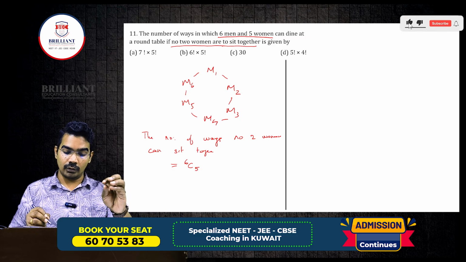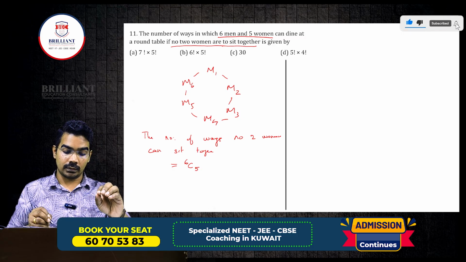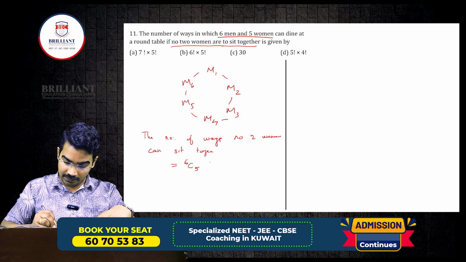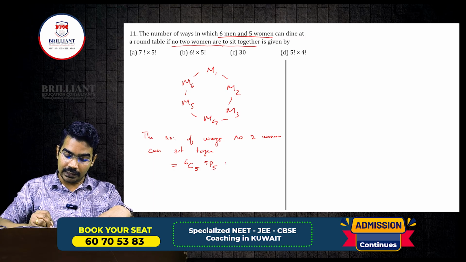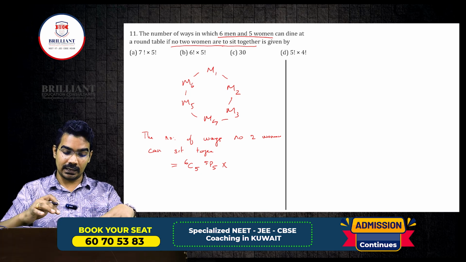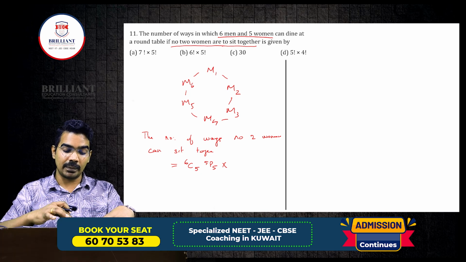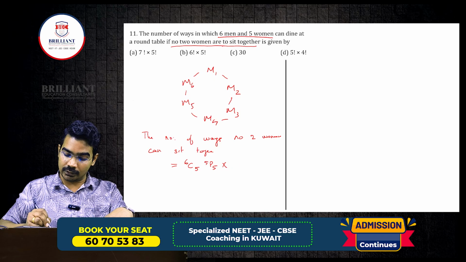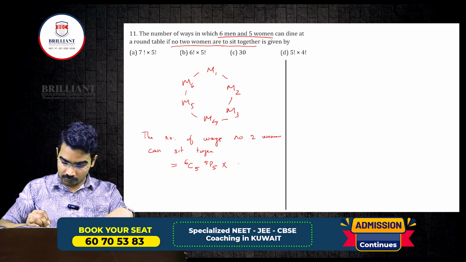So how to choose? 6C5. Now you have to permute these 5 women, that will be 5P5, right? Then into, now we have to arrange these 6 men. Since this is in a circle, you know the permutation formula is n minus 1 factorial. Here there are 6 men, so it will be 6 minus 1 factorial, that is 5 factorial.